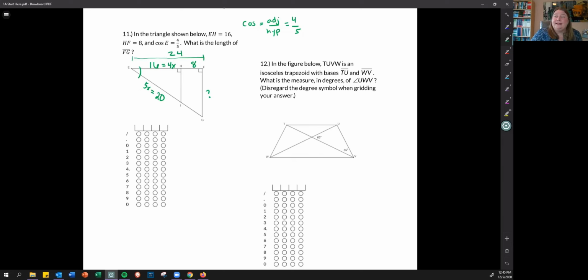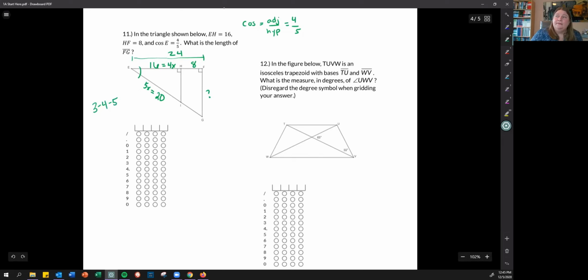And so I've got 16 and 20. If you want, to find HI, you could do 16 squared plus HI squared equals 20 squared and pull out your calculator and solve that. I'm going to do it even faster. I'm going to use what's called the 3-4-5 Pythagorean triple.